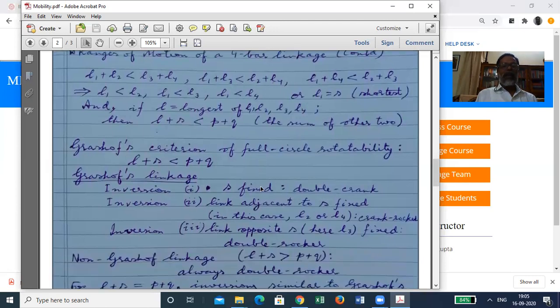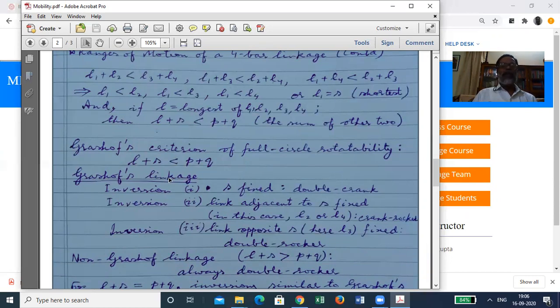That is full circle rotatability between the shortest link and its adjacent. And those four-bar mechanisms which satisfy this requirement are called Grashof linkages.